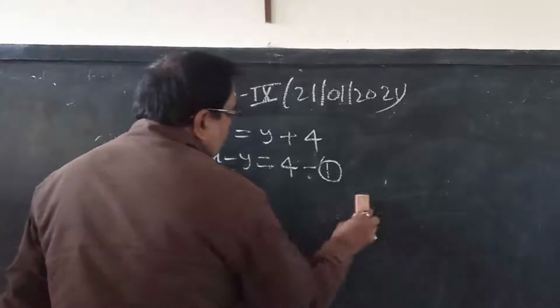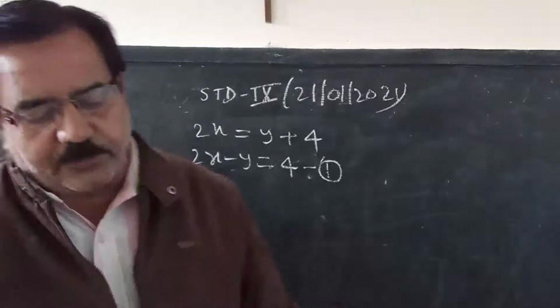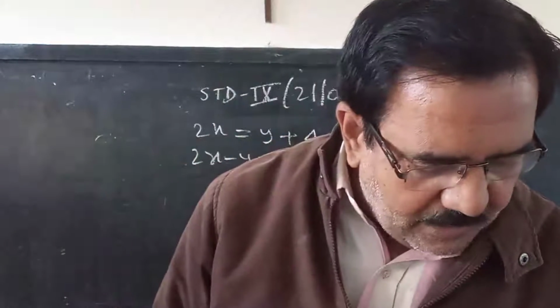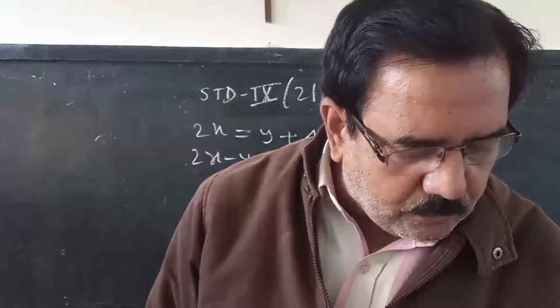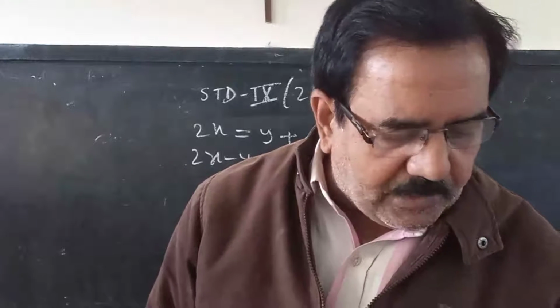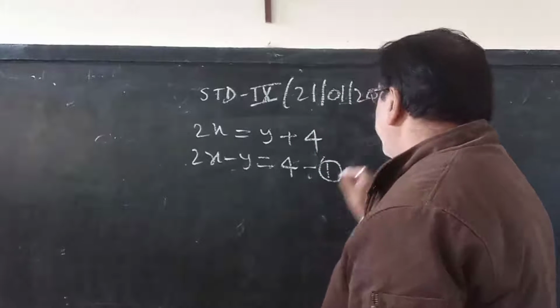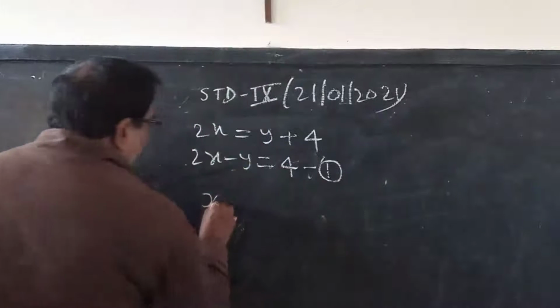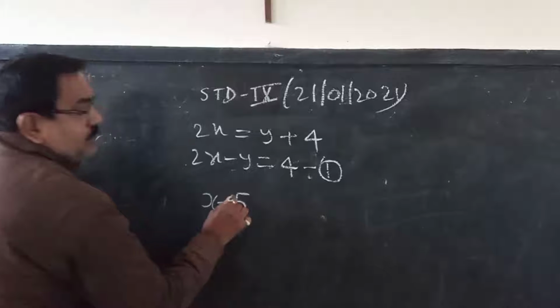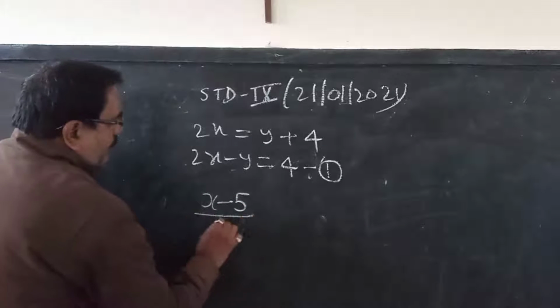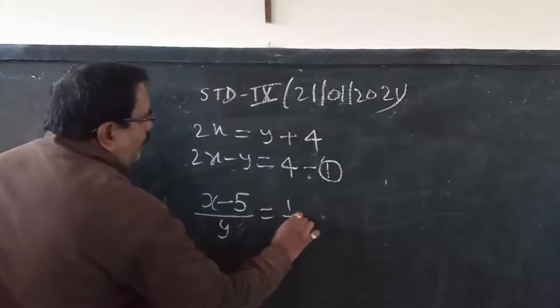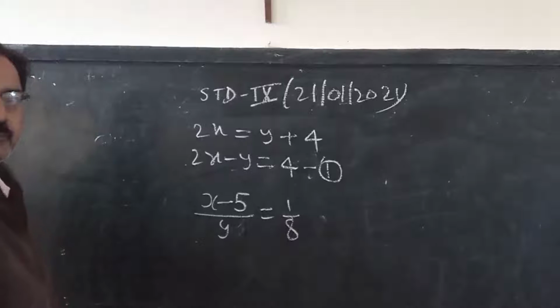Now read the next statement of this question. And it is equal to 1 by 8 when the numerator is diminished by 5. Second part: numerator, meaning x, diminished means minus 5. It is equal to 1 by 8.